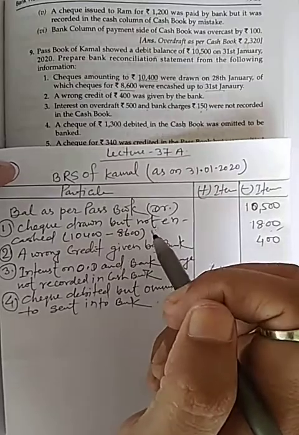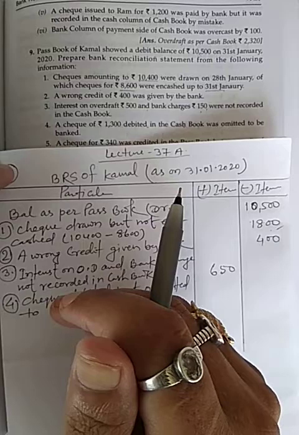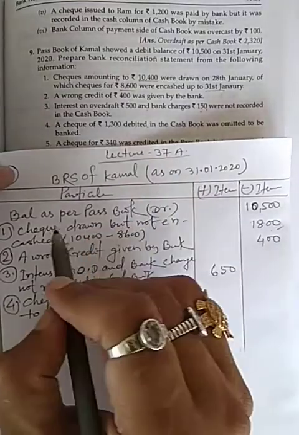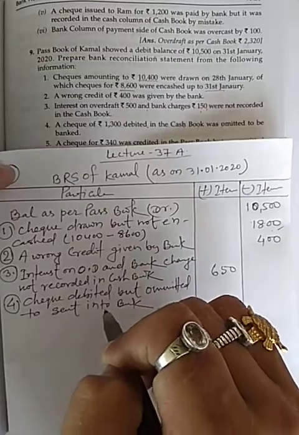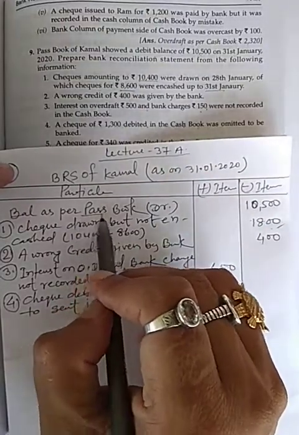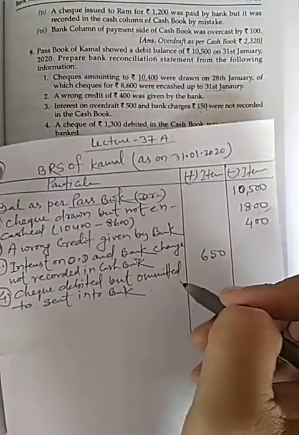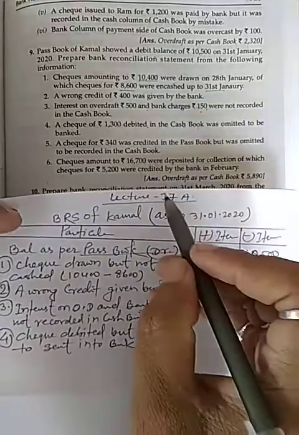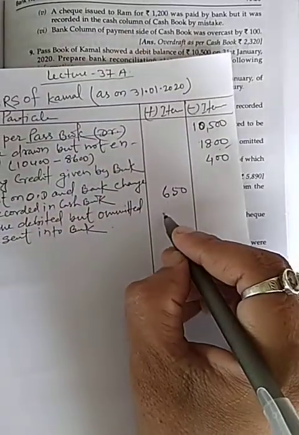So we have to deduct from our cash book, and according to cash book balance, I will write it in minus item, but here passbook balance is given, so I will write it in plus side 1300.